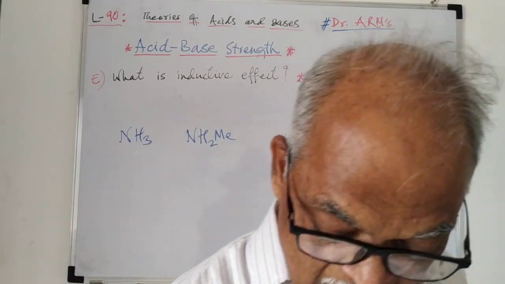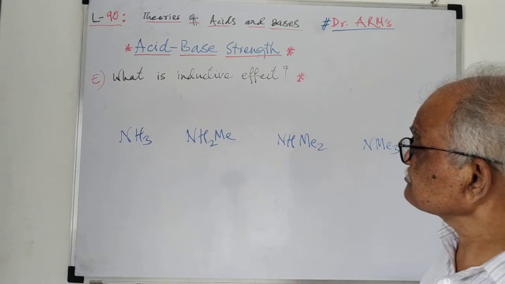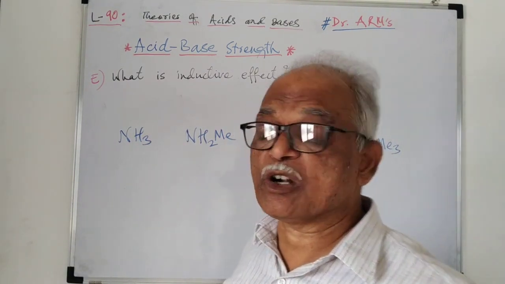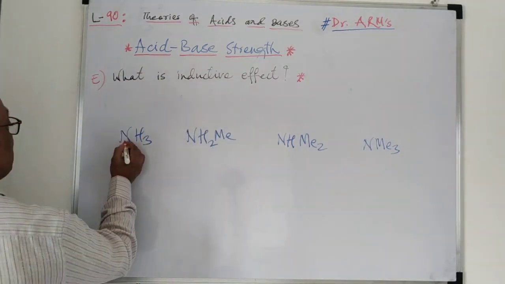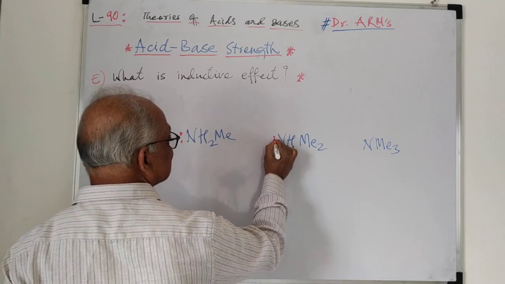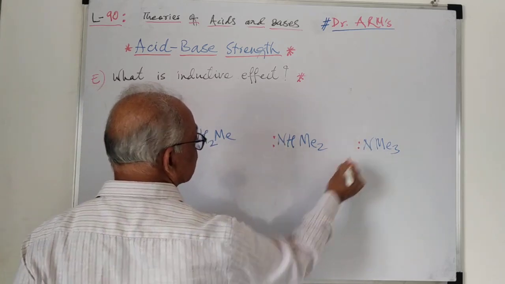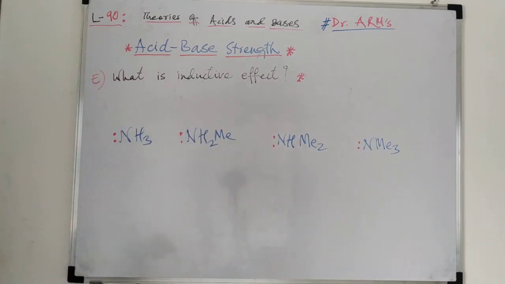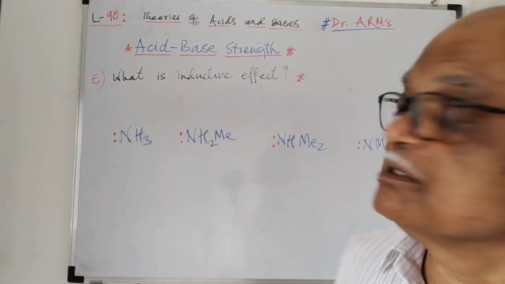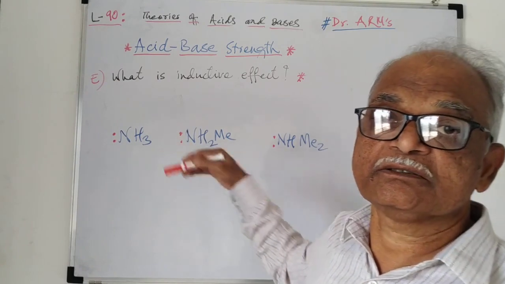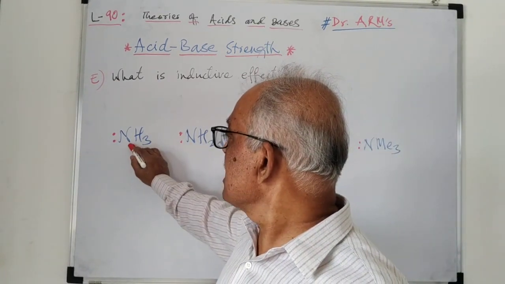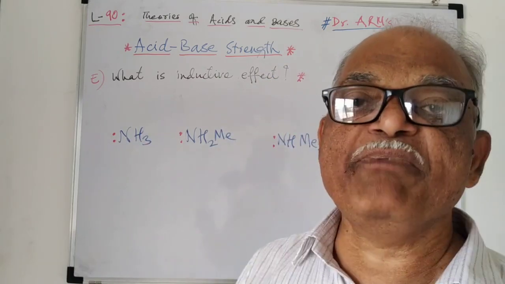Now here you will find that there are nitrogen-hydrogen bonds, and there are lone pairs like this. These are lone pairs on these species, and the availability of this lone pair to be donated to the Lewis acid depends upon how electron rich the nitrogen becomes.